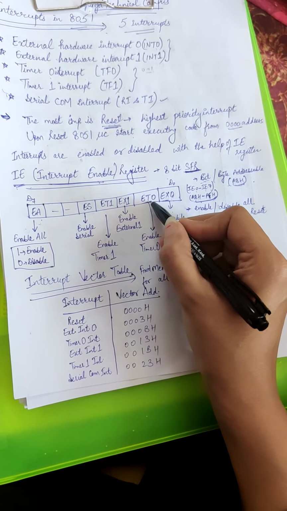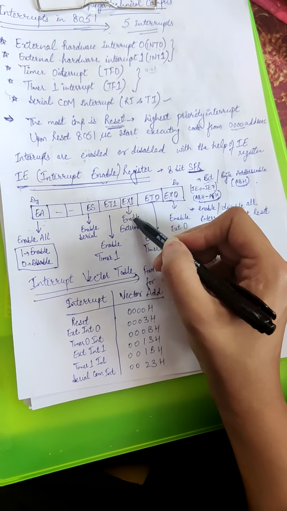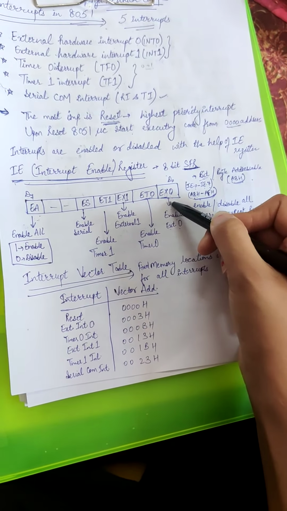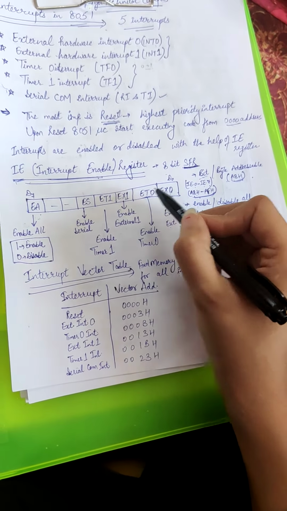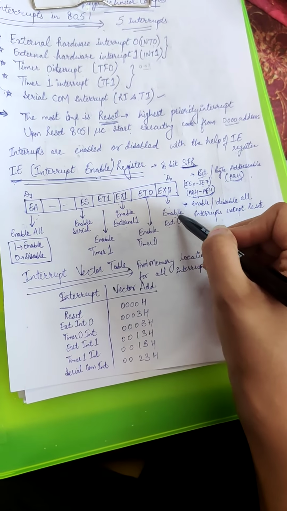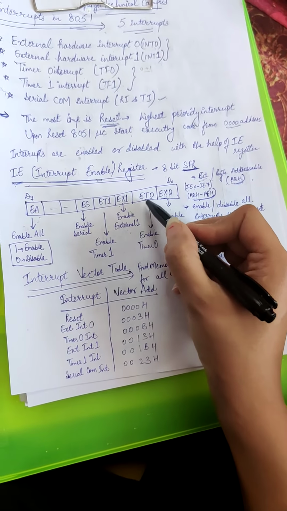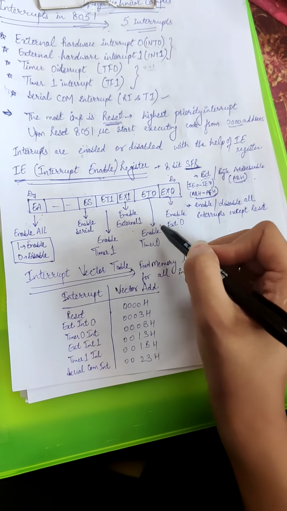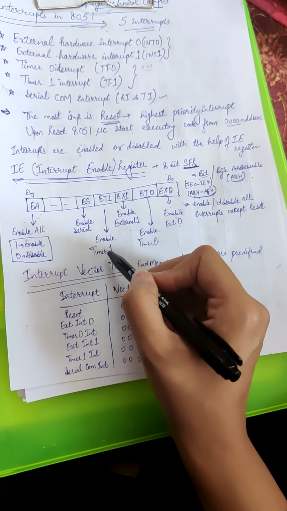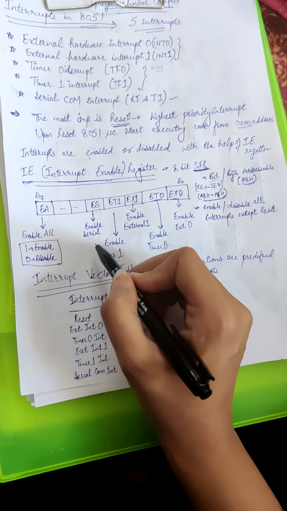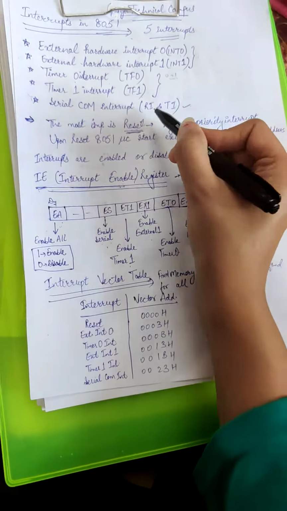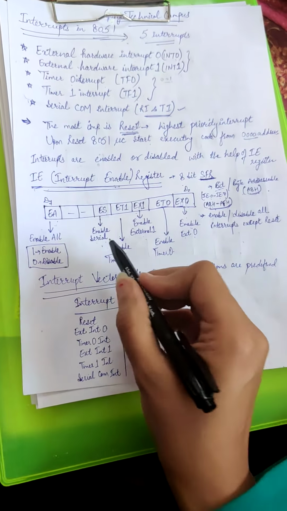ET is timer. So EX is for enable external interrupt. So EX0 and EX1 enable external interrupt 0 and 1. ET0 and ET1 enable timer 0 and timer 1. ES is enable serial port interrupt, that is RI and TI.